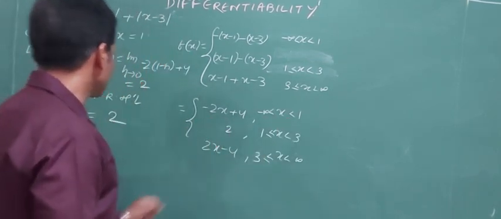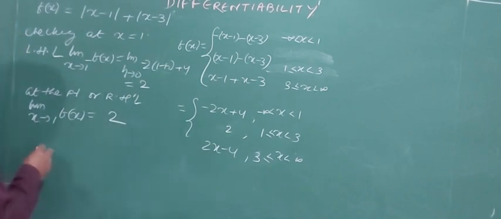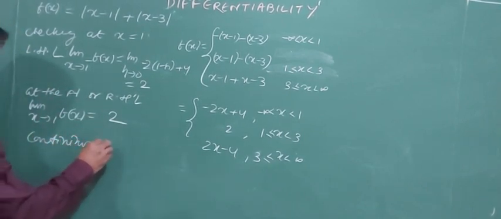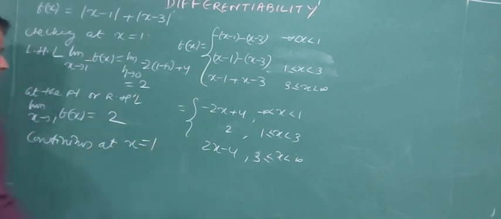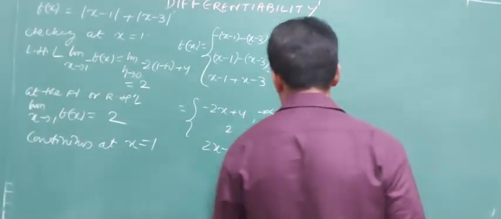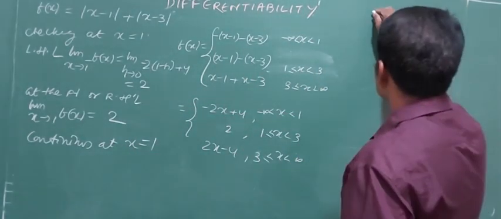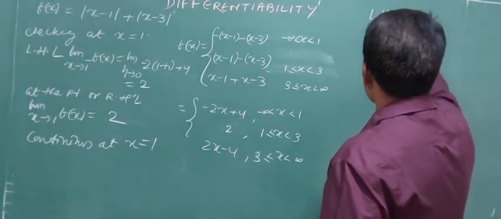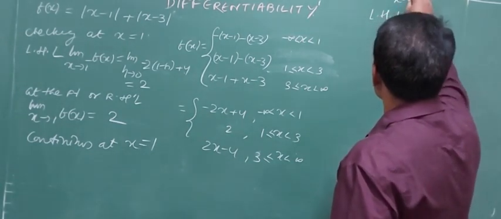LHS, the value is 2. So both are equal, hence it is continuous at x equals 1. Let's consider the continuity at 3 now. LHS, x is equal to 3. Checking out.